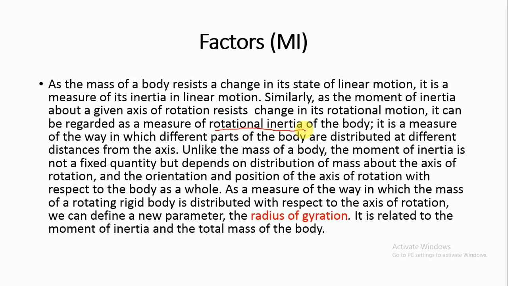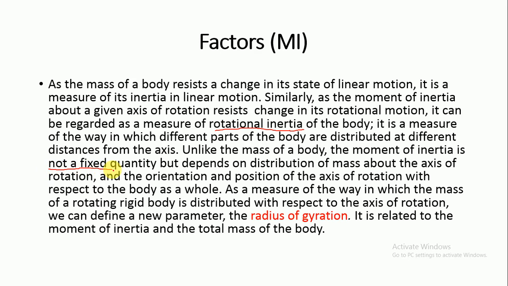It is a measure of the way in which different parts of the body are distributed at different distances from the axis. Unlike the mass of the body, moment of inertia is not a fixed quantity.